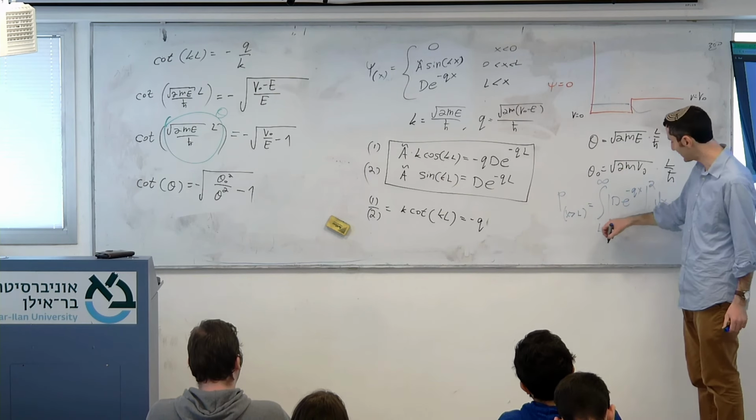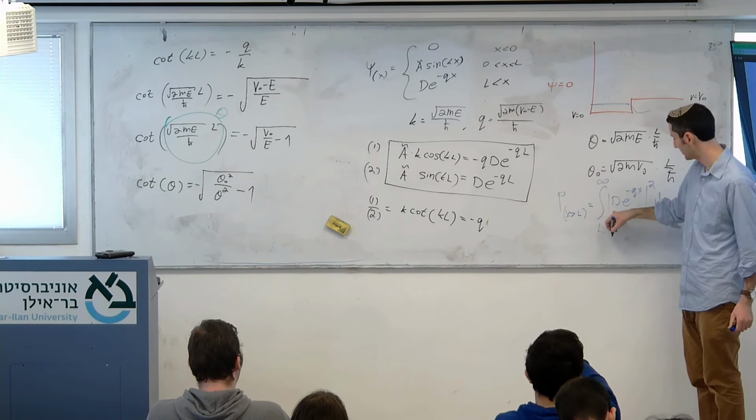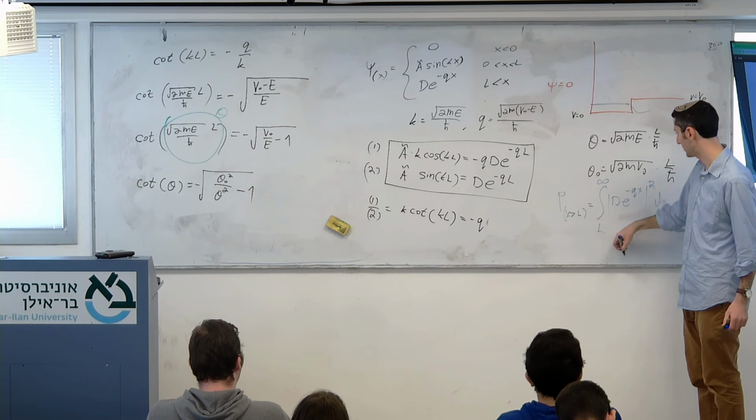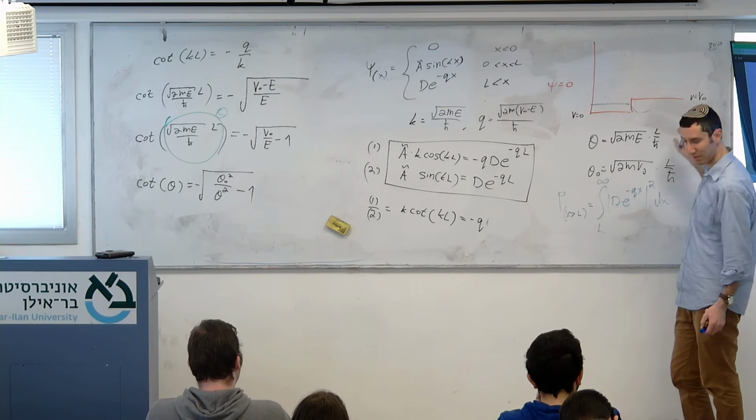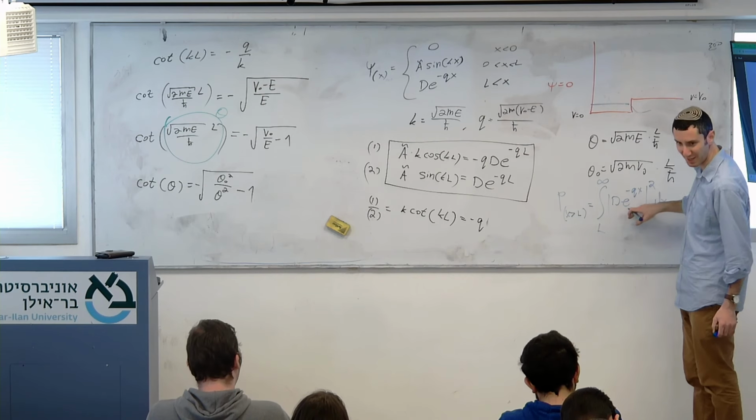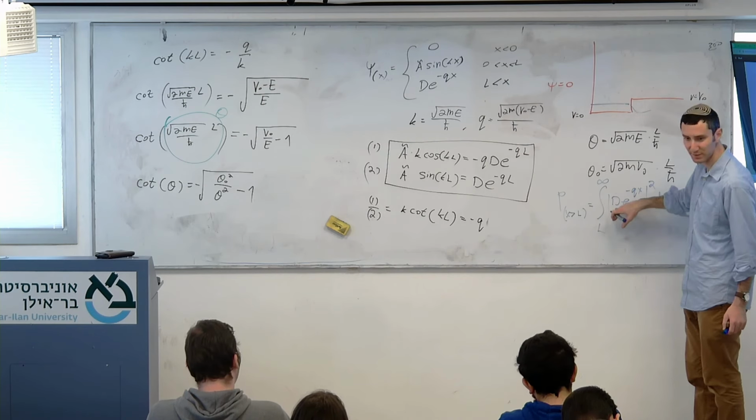I know everything besides d. I need to find d for that. This is the chance of finding the particle anywhere here. I know how to solve the integral of an exponent. That's not so hard. I do need to find d.